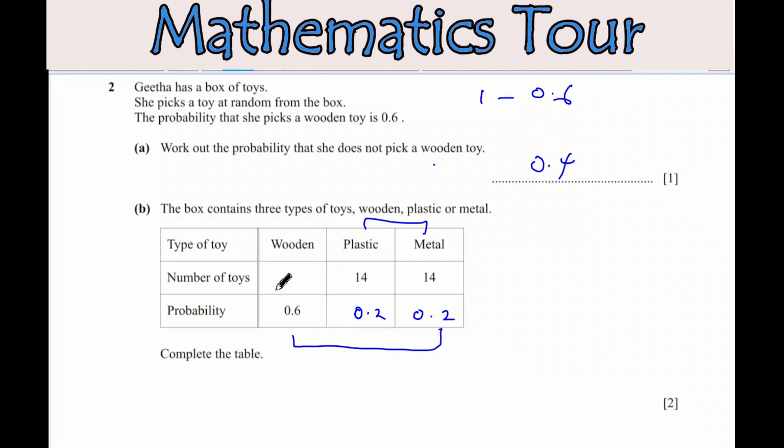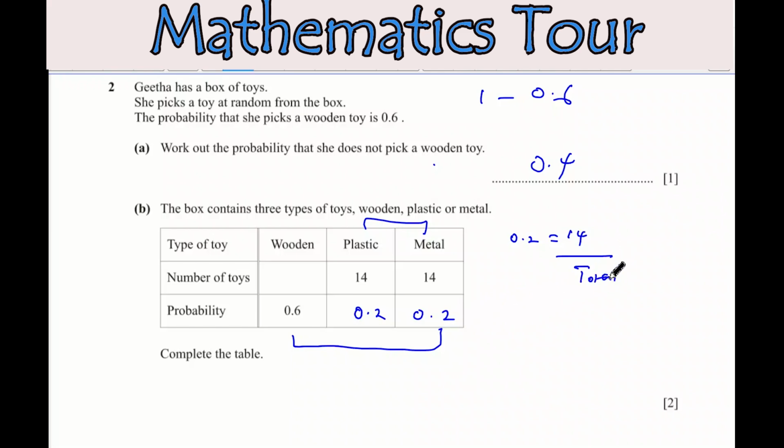The last one here is the number of toys that are wooden. Take for instance, the probability of the plastic is given as 0.2. So 0.2 equals the number of plastic, 14, over the total, which we want to get now.